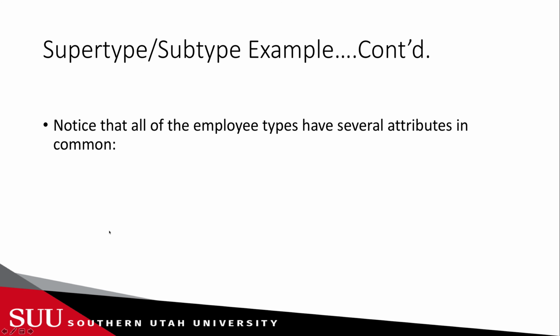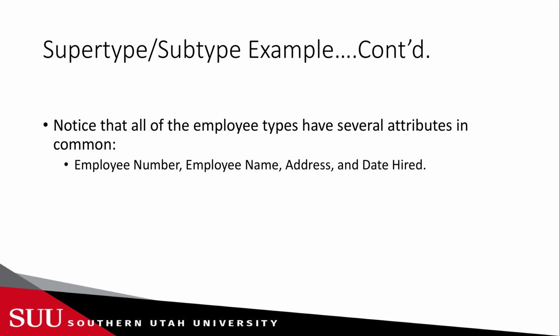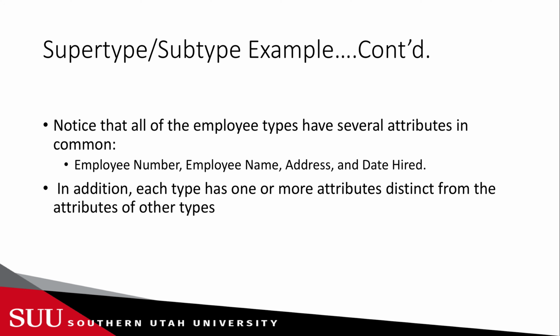So as we said, these are all shared among those three types of employees, and we have some more attributes that are distinct based on the subtype of employee. Now, can we say that there is a general type for this? The answer is yes, all of them are employees.